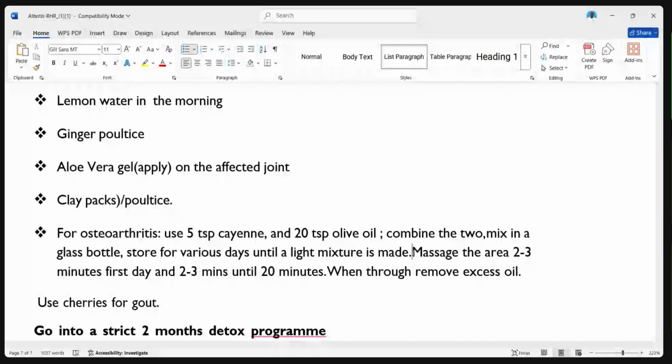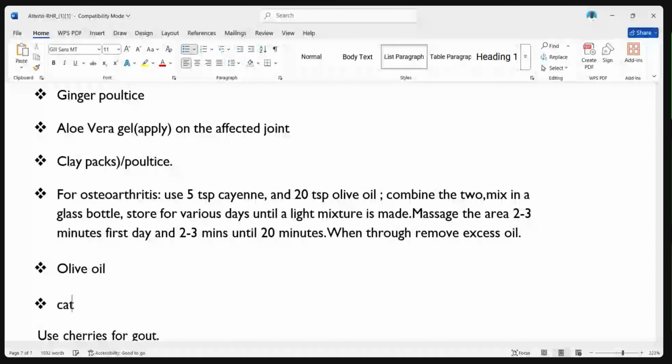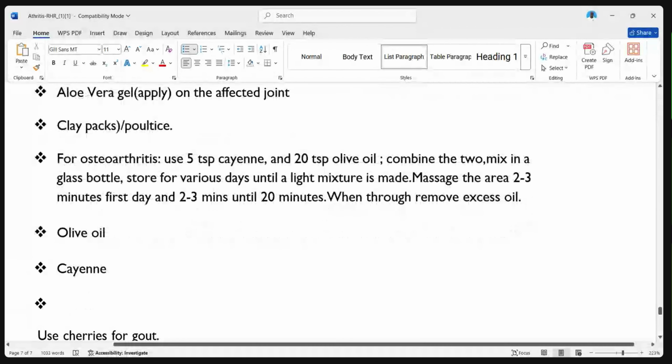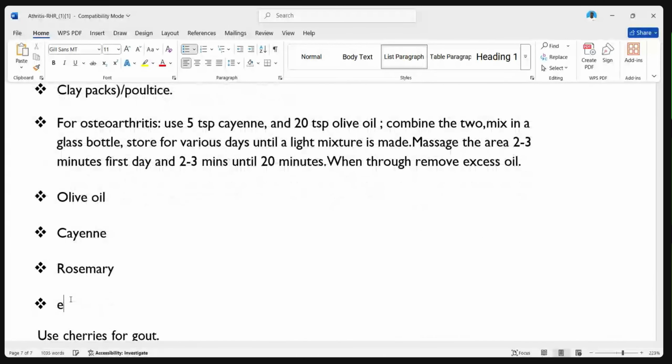Lakini, I want to give you another formula, another massage oil formula. So another massage oil formula goes this way. You have olive oil, unaongeza cayenne, and then unaongeza rosemary. You can add eucalyptus oil.